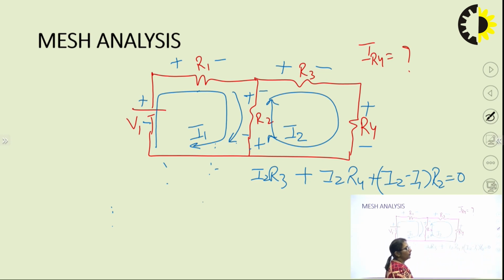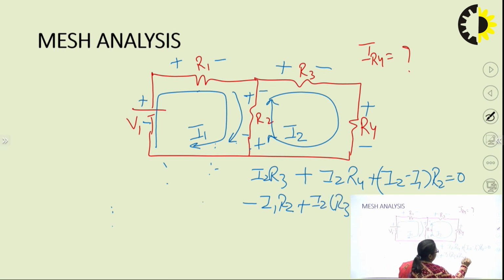I may resolve it into I1 and I2 as minus I1 R2 plus I2 (R3 plus R4 plus R2) is equal to 0. Fine. So, this is my equation number 2.